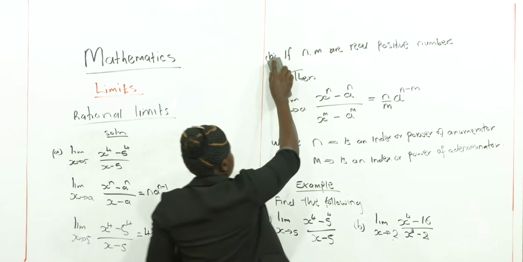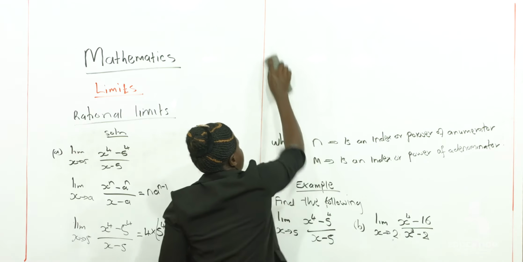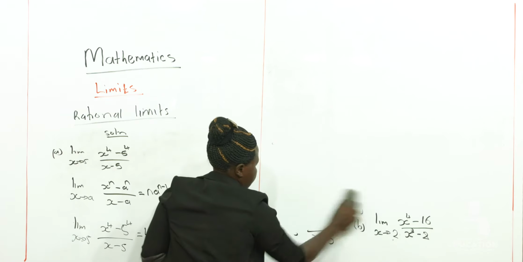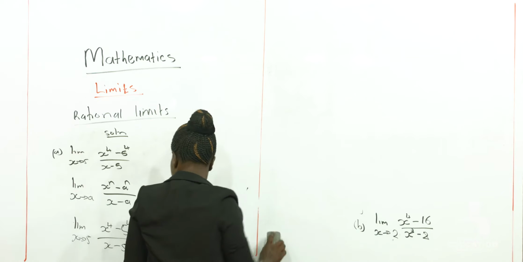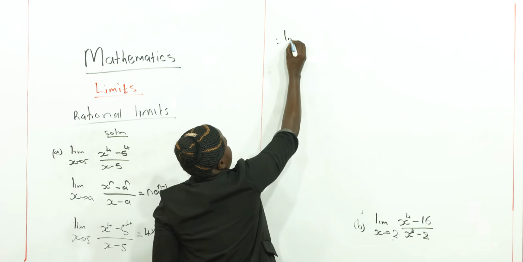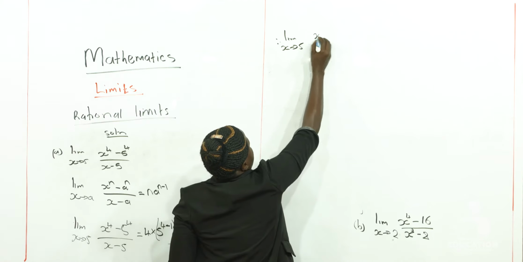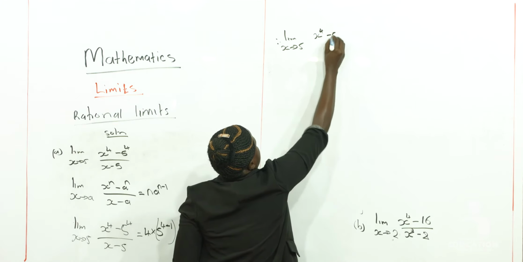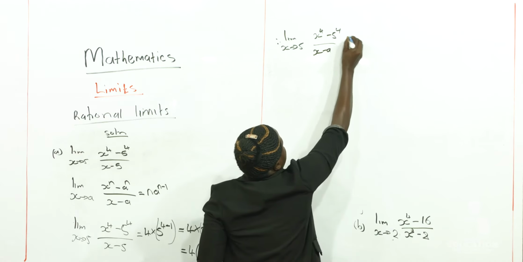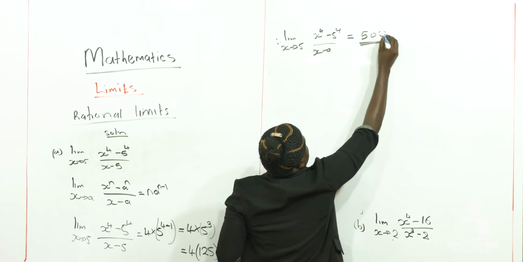And then you say, therefore, the limit as x approaches 5 of x raised to 4 minus 5 raised to 4 over x minus a will give me 500 as your answer.